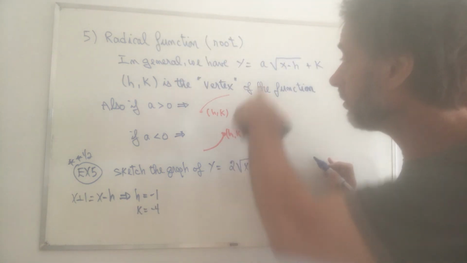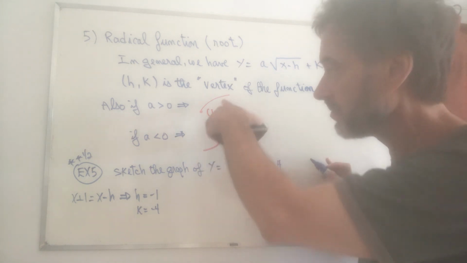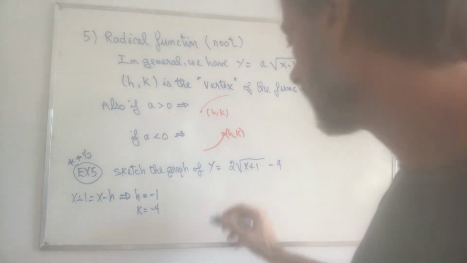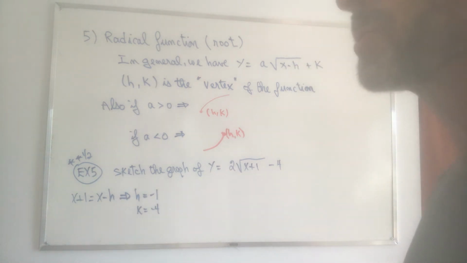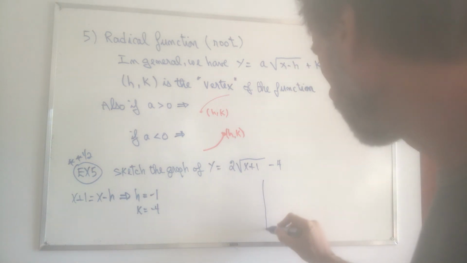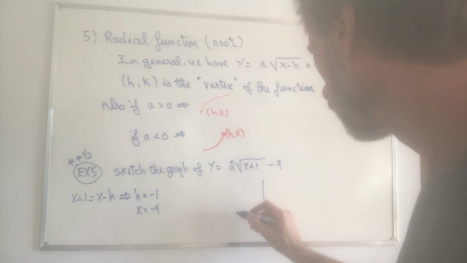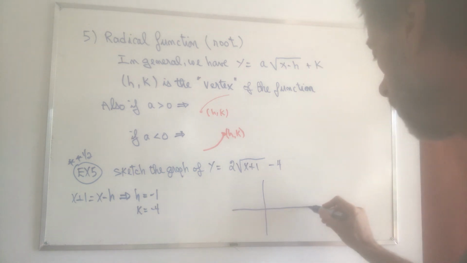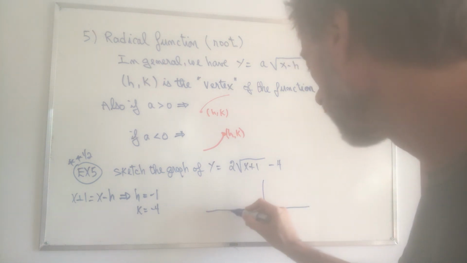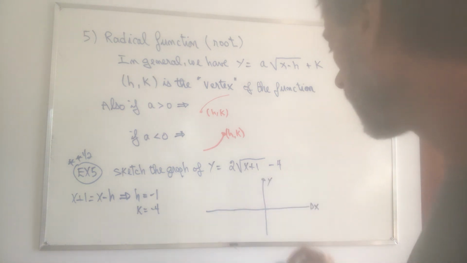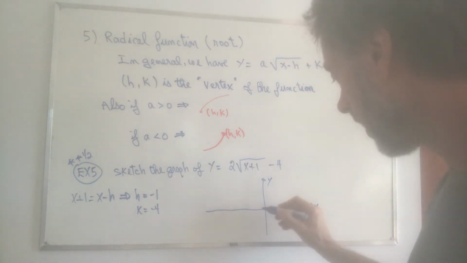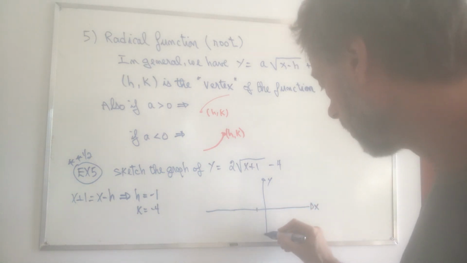The a value, what's in front of the root, is positive, so we're going to open up to the right at that point (-1, -4). Probably should have something more on the left than on the right here. So here's x, here's y. My point (-1, -4), I'm going to put it over here.